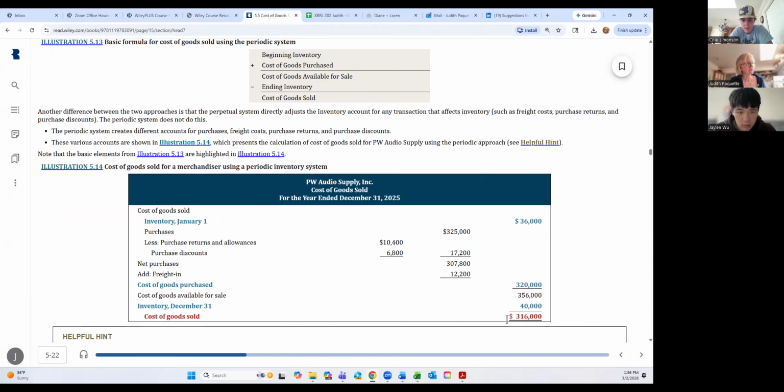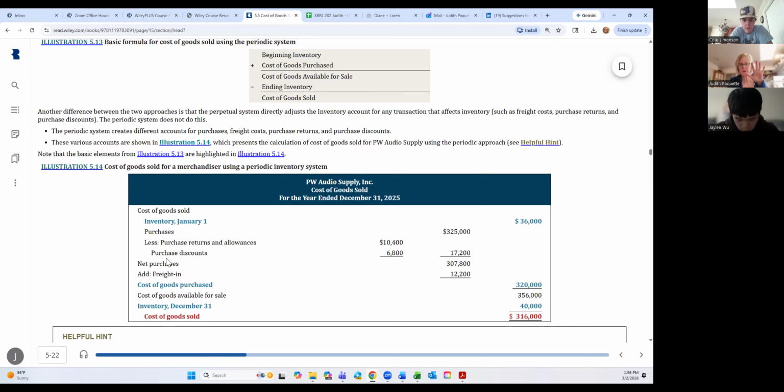The difference tells you what was cost of goods sold, or for supplies, what was supplies expense. So there's 5 things here: 1, inventory. 2, purchases. 3, purchase returns and allowances. 4, purchase discounts. And 5, freight in.